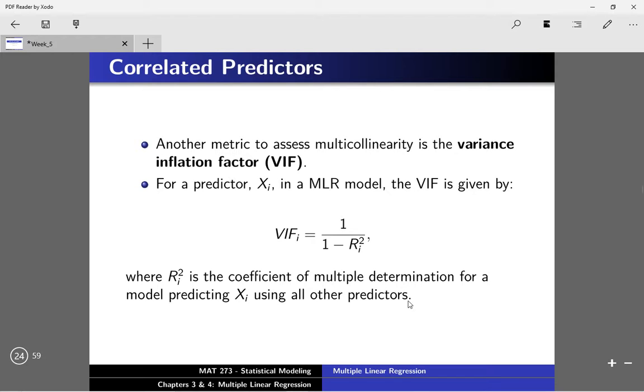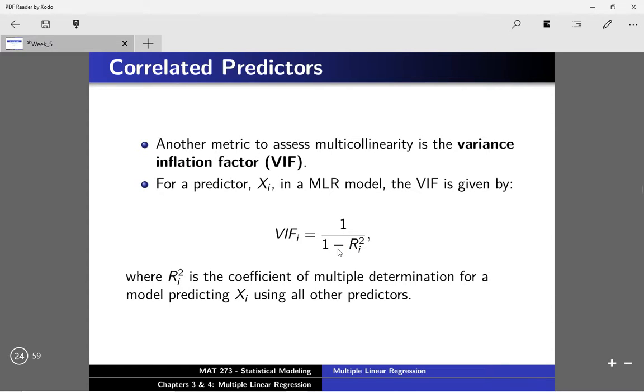So the idea here is that if the other predictors explain a lot of the variability in xi, then r squared will be high, as in it will be close to 1. And so this denominator will be close to 0.